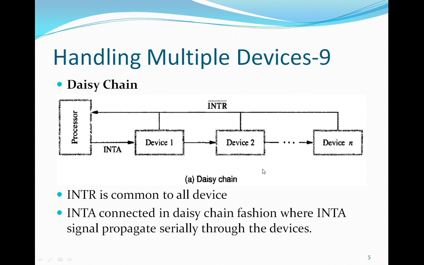The daisy chain scheme requires considerably fewer wires than individual connections. The main advantage of this scheme is that it allows the processor to accept interrupt requests from all the devices. In the previous mechanism, the disadvantage is that the processor can accept requests from only a few devices, but in this case the processor can accept requests from all the devices depending upon their priorities.